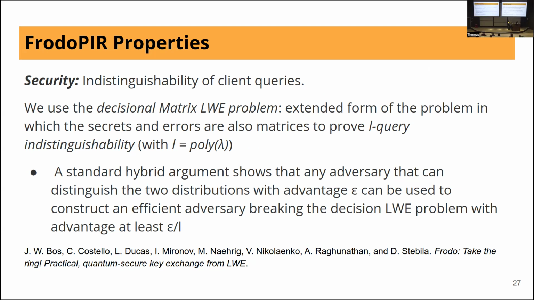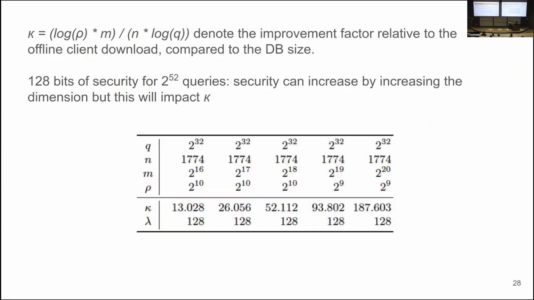We base ourselves on the decisional matrix LWE problem, which shows, under standard hybrid arguments, that any adversary that can distinguish between two distributions with advantage epsilon can also be used to construct an efficient adversary breaking the decisional LWE problem with advantage at least epsilon over L. So what we're basically doing in this specific notion is interpreting each one of the parameters as a matrix, and the security will hold because we're basing ourselves on this standard hybrid argument. If you want to read the specific argument and how you do that, this was also proven in the introduction of the FrodoKEM scheme. So I invite you to also read that paper for the specific security proof.